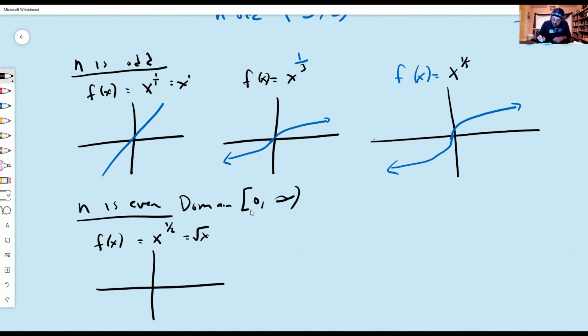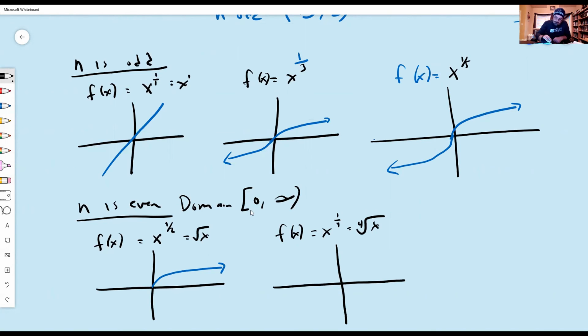Picture-wise, that's going to look like this. F of x equals x to the 1/4, or the 4th root of x. Same thing. Again, as the index increases, you get flatter close to 0, so it's going to come up a little more steep and then go out.